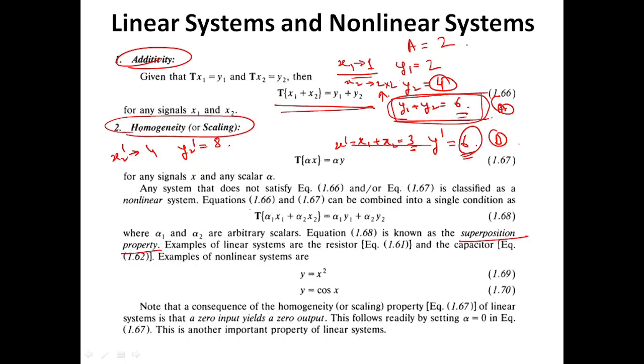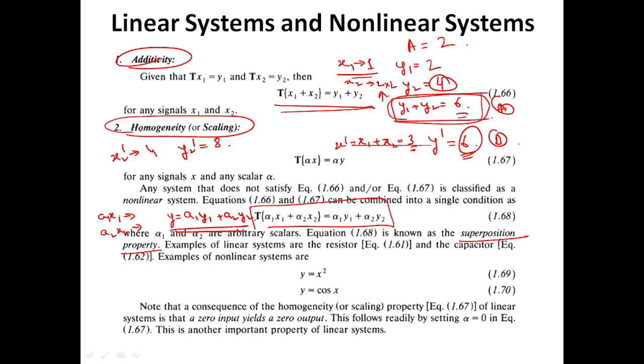And this superposition property, what it says is that if I use a1x1 as the input and if I use a2x2 as the input, then my output should be a1y1 plus a2y2.